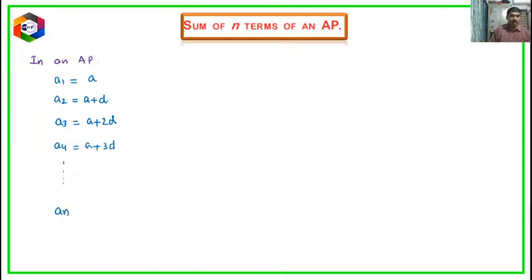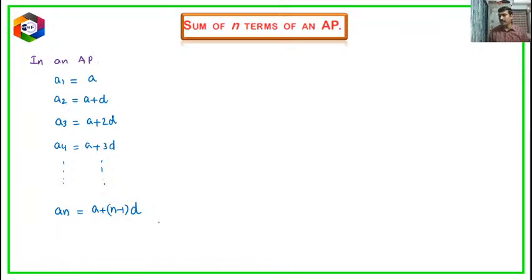Likewise, the general term, the nth term, whatever the term may be, an is equal to a plus n minus 1 into d. So this is the arithmetic progression. a1 is a, a2 is a plus d, a3 is a plus 2d. This we have calculated: a plus n minus 1 into d.